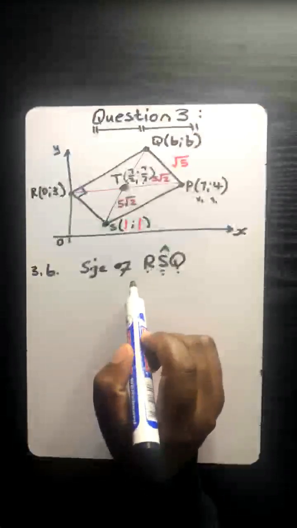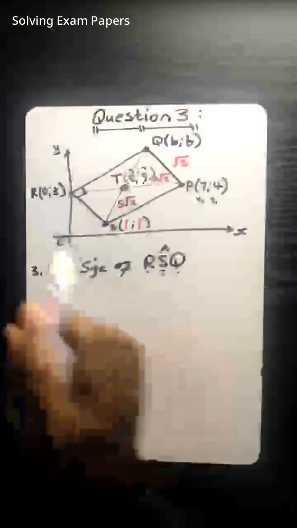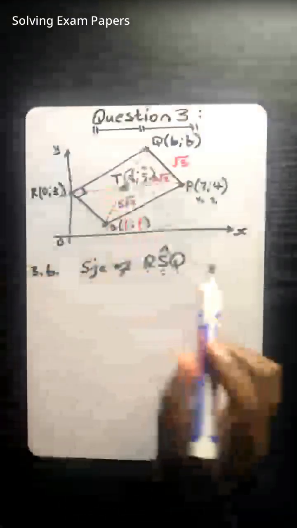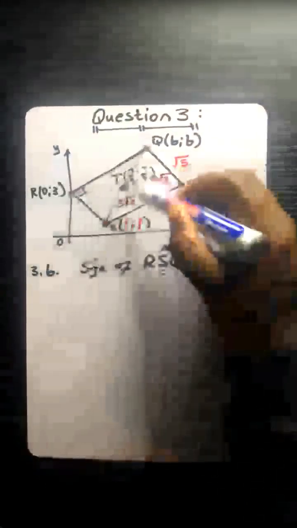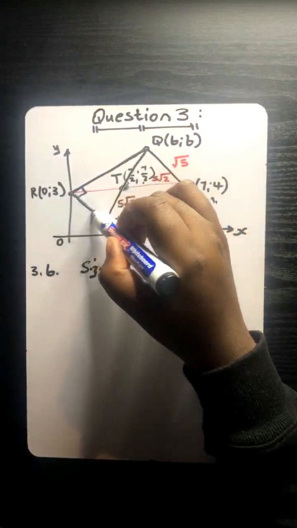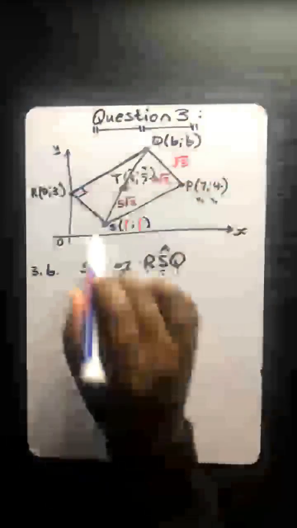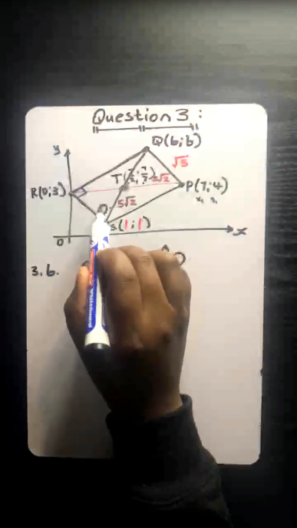Where is that triangle? There's R, there's S, there's Q. So we are actually looking at that triangle there. And they want you to calculate angle S being that one there. So maybe let's call it angle theta.